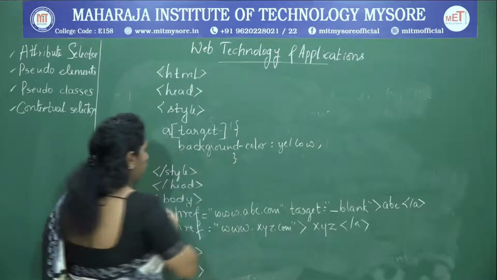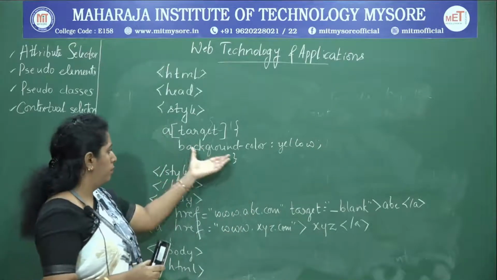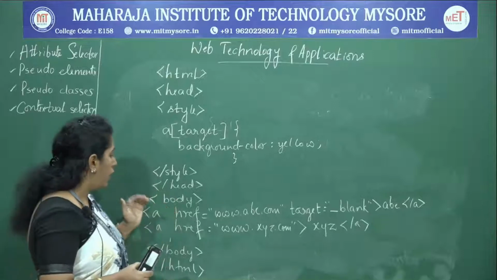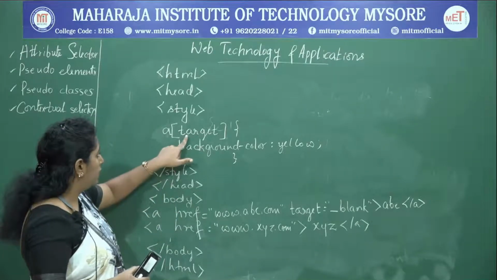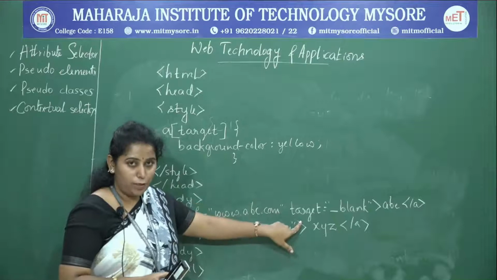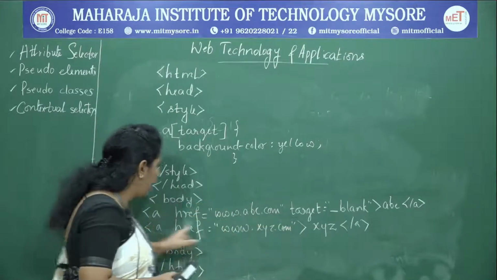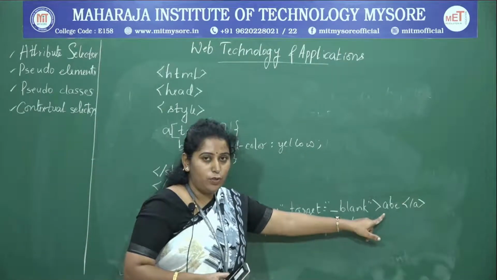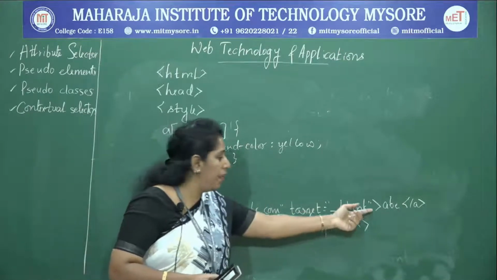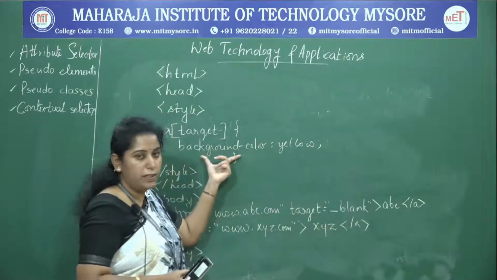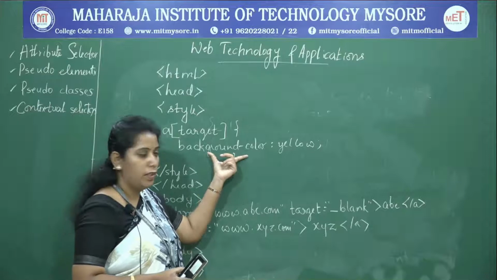Finally close this rule. Only one rule I have specified. Now, what happens? This is matching with this attribute, right? So this line is going to be styled for this specific property.